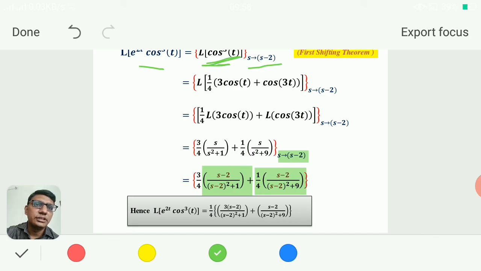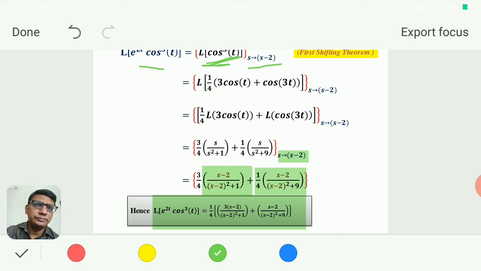So finally we get the Laplace of e raised to 2t cos cube t is equal to 1 by 4 into 3 times s minus 2 upon s minus 2 whole square plus 1 plus s minus 2 upon s minus 2 whole square plus 9.